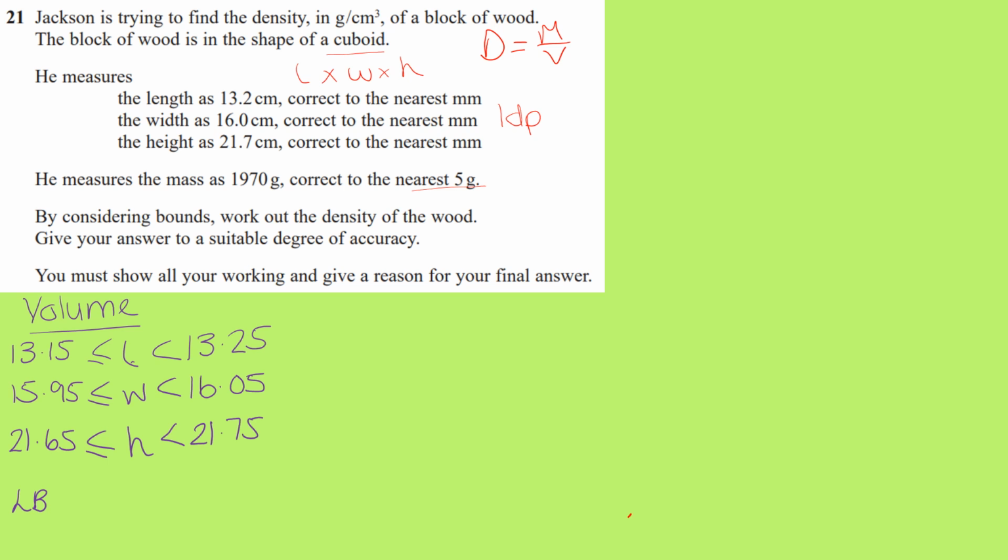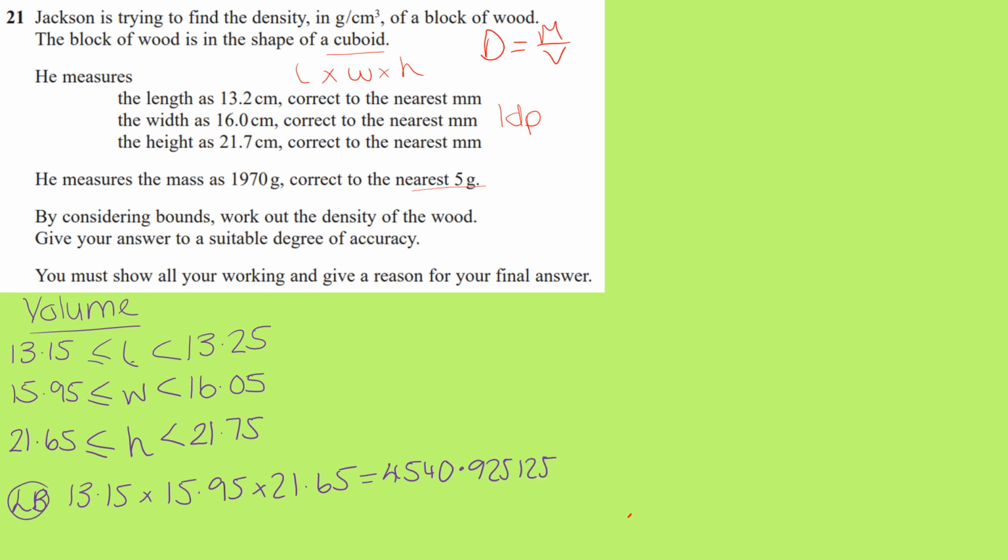So it's 13.15 times 15.95 times 21.65. And if I pop that in my calculator, at this point I really don't want to be losing any of the accuracy, so I'm going to copy it down here: 4540.925125. That's what would come out in the calculator.